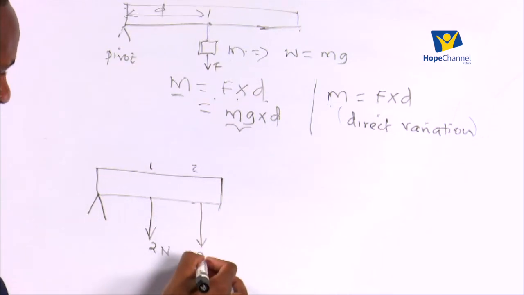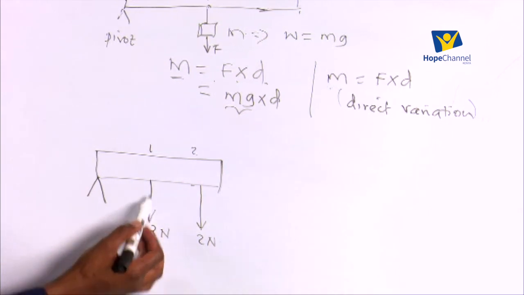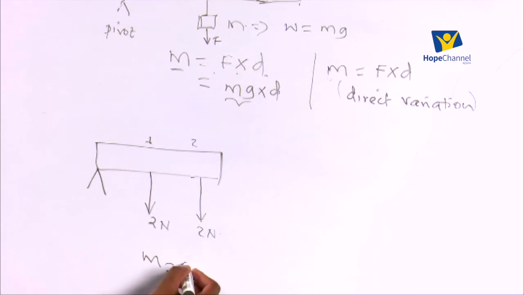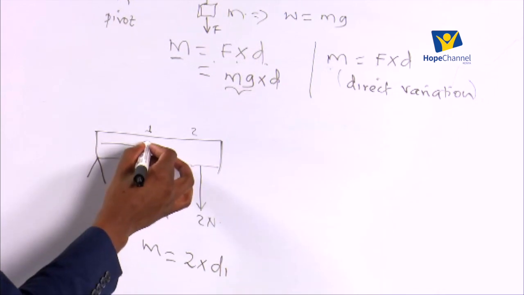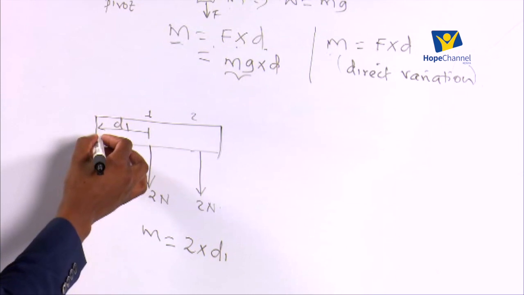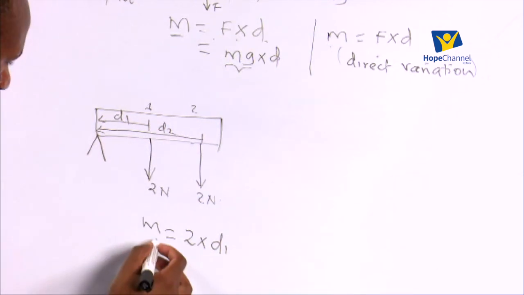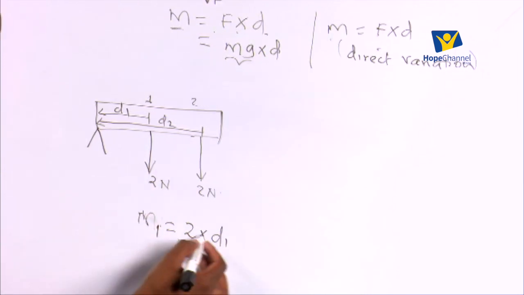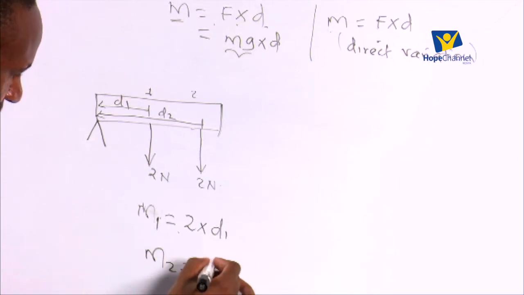When the force is acting at position 1, the moment will be equal to the force, 2 newtons, times d1, where d1 is from the pivot to where the force is. From the pivot to where force 2 is, let it be d2. So the moment at position 1, moment 1, will be 2 times d1. At position 2, the moment will be 2 times d2.